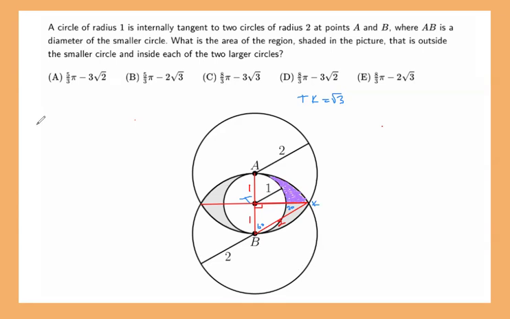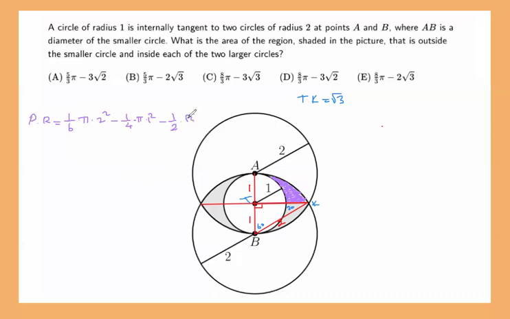So that purple region is equal to the area of the sector, which is 60 degrees, which is 1/6 of the full circle, times pi times the radius. The radius is just 2 units, so 2 squared, minus the area of this quarter circle, which is 1/4 times pi times 1 squared, and then minus the area of this triangle, so minus 1/2 times 1 times root 3.